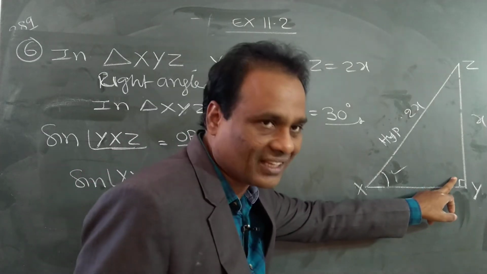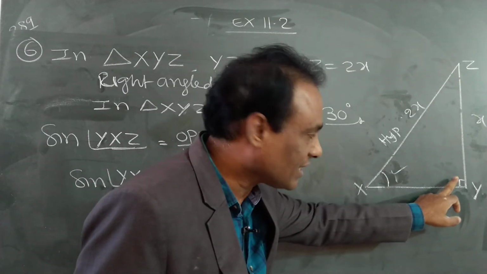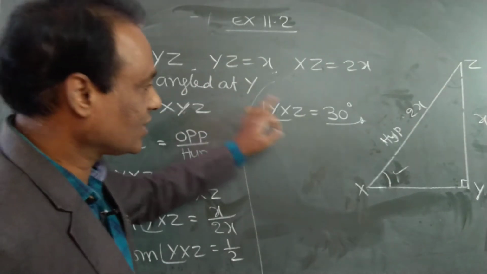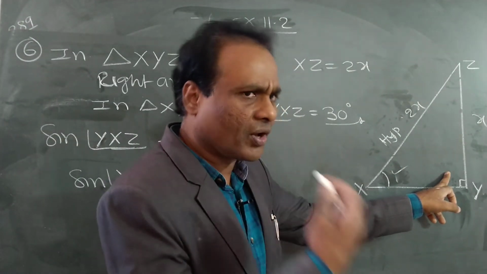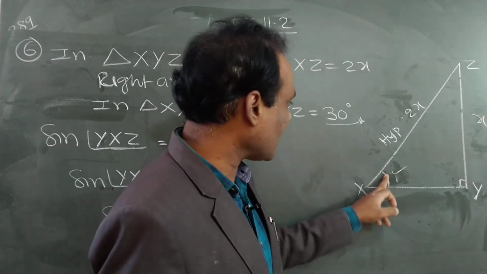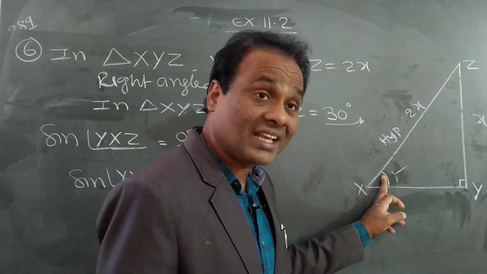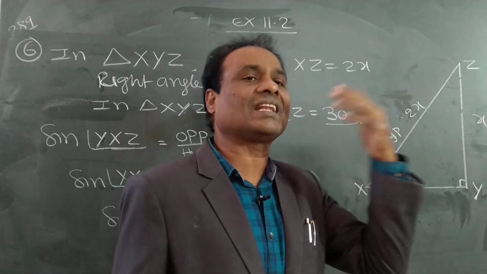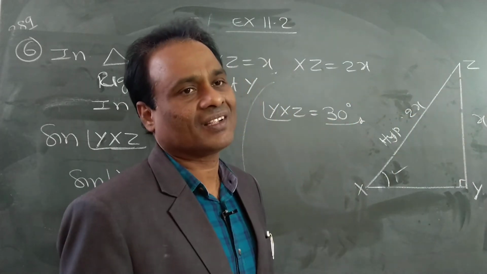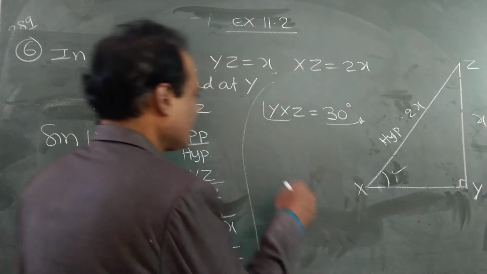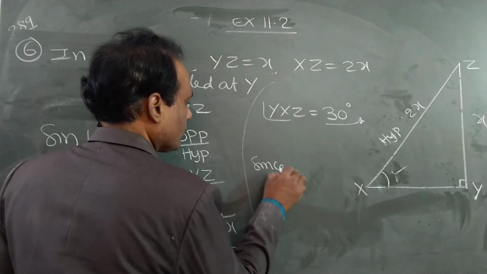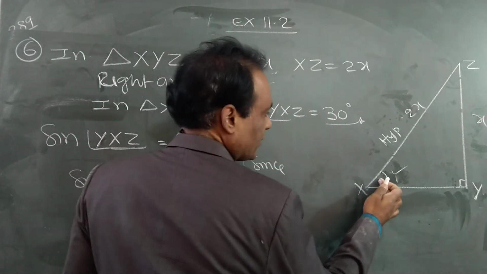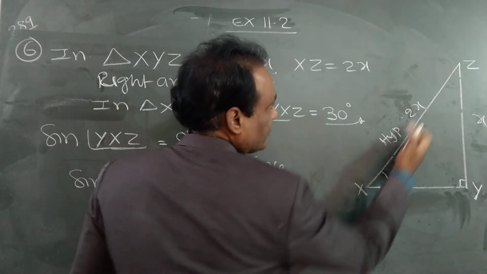This is 90, because the right angle is at Y, given in the problem. Now we got this as 30. 90 plus 30 is 120, so this should be 60, because the sum of three angles in any triangle is 180. Like that you can do. See here, what is the name of this angle? Angle YXZ.